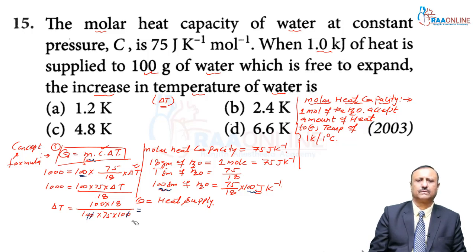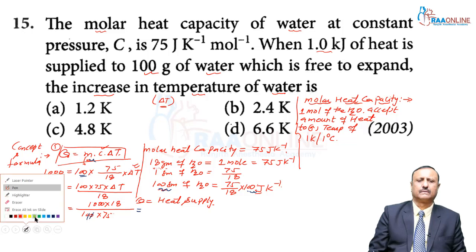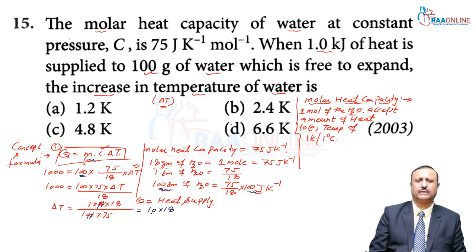You can remove this 100, and you get 1000. Now cancel the zeros, then you get 10 into 18 upon 75.